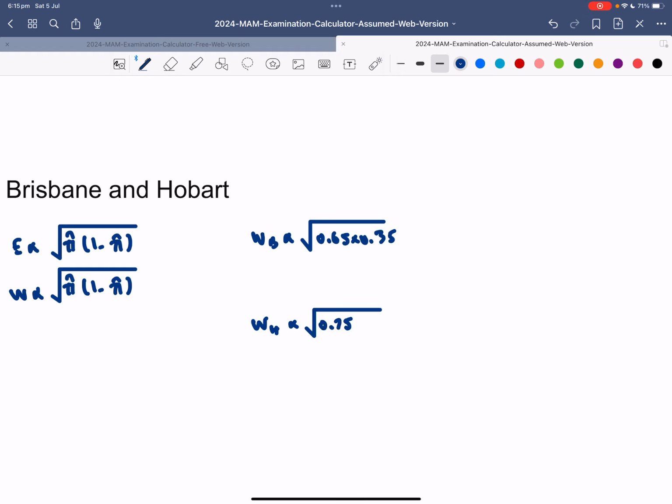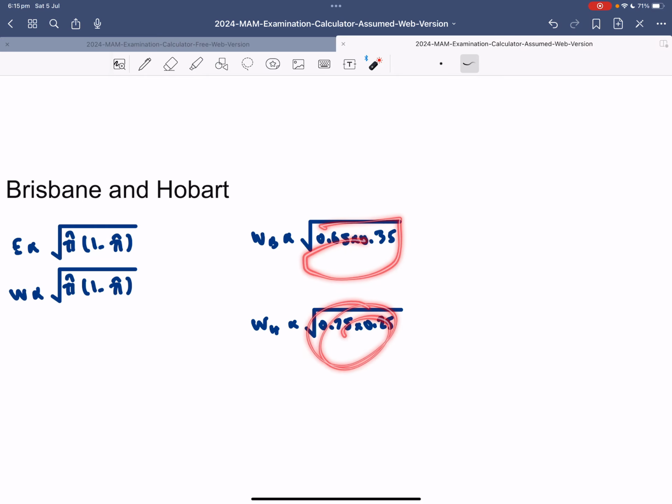For those that did not know that 0.5 is the worst case scenario, you'd have to do these calculations. But since 0.5 is the worst case scenario, 0.65 and 0.35 are much closer to 0.5 than 0.75 and 0.25. So I'm confident that Brisbane will give me a bigger error, okay?